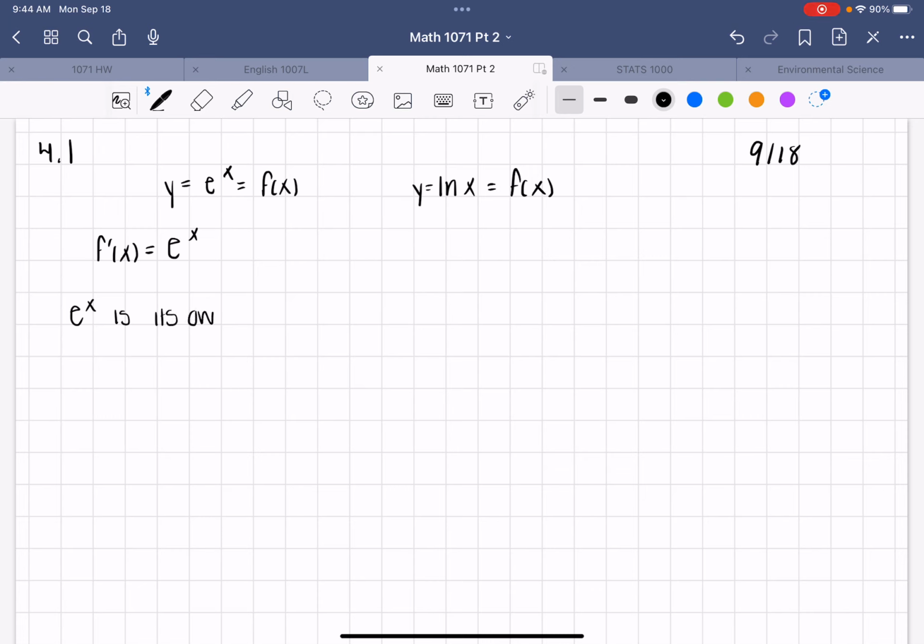So remember, like pi is an irrational number, meaning it has an infinite decimal expansion that doesn't repeat. E is 2.71828, blah, blah, blah. And where does that funny number come from? It comes from this property: it's the only base that is its own derivative.